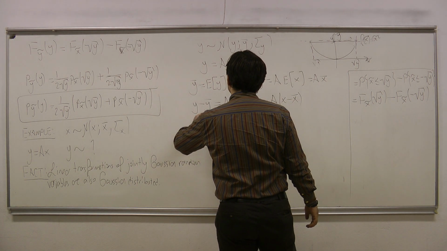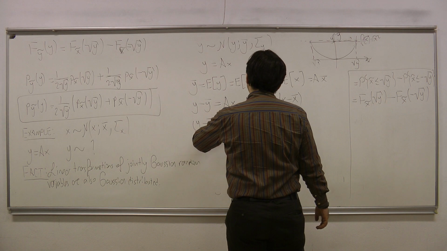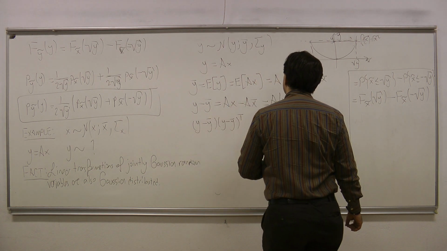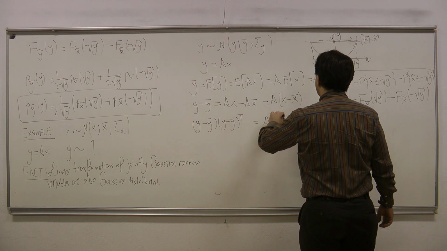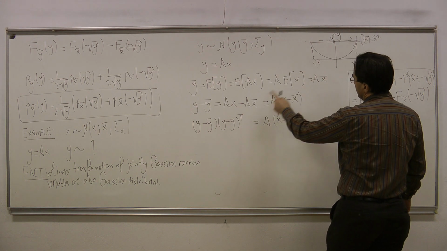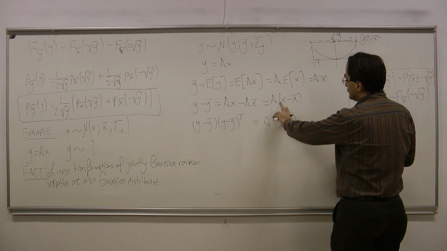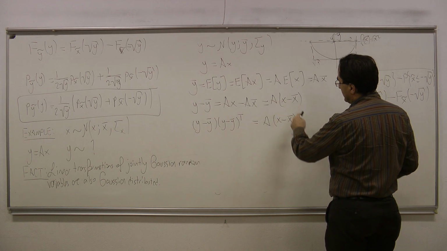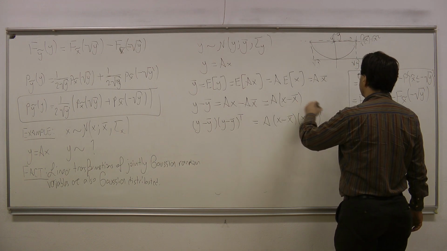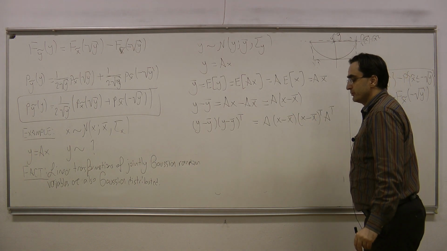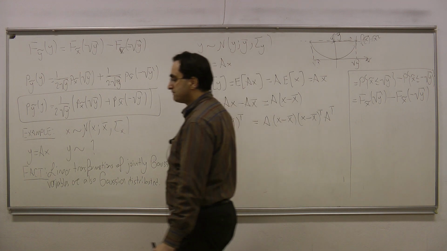So (y minus y bar) transpose is equal to this vector A(x minus x bar) times this vector transposed. Transpose changes the order of the elements. (x minus x bar) transpose times A transpose. Okay?